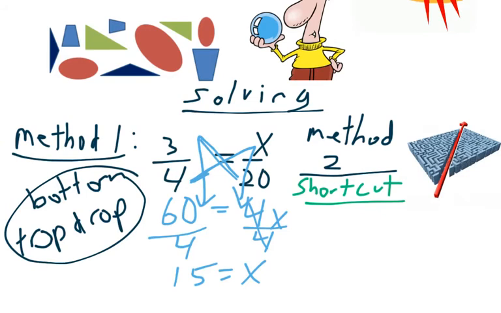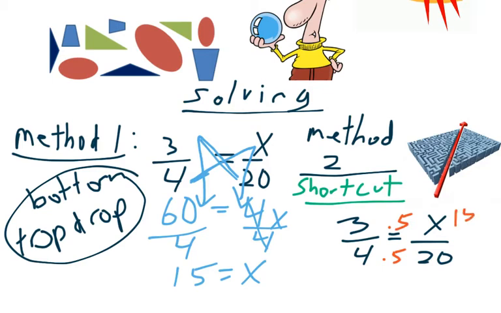So let's write our same example down, our 3/4 and our x over 20. And since we know they're equal, we just look across from each other. So the 4 and the 20, 4 will go evenly into 20 5 times. So I just multiply the top and the bottom by 5. And x has to be 15, because 3 times 5 gives us 15.